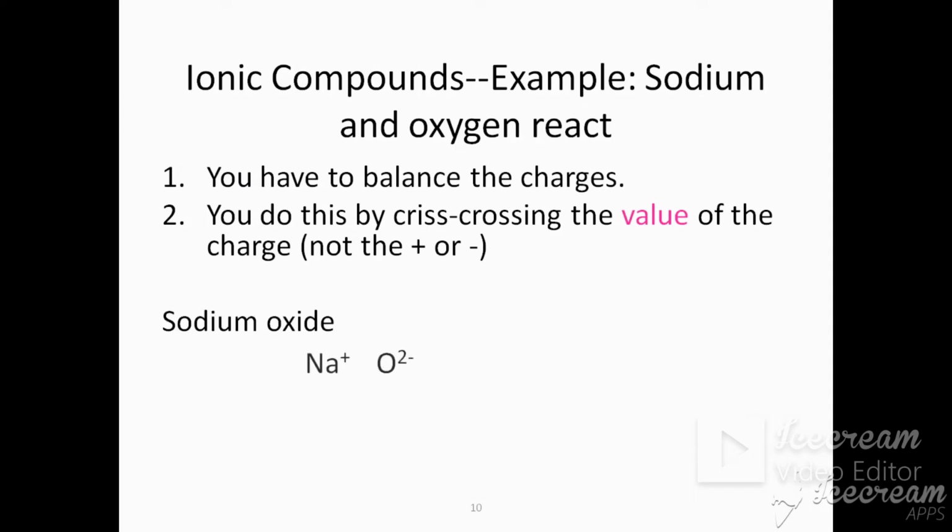Oxide: Na+ and O2- becomes Na2O. Here also we do crisscrossing for 2 minus and plus. We do not write the one as a subscript.